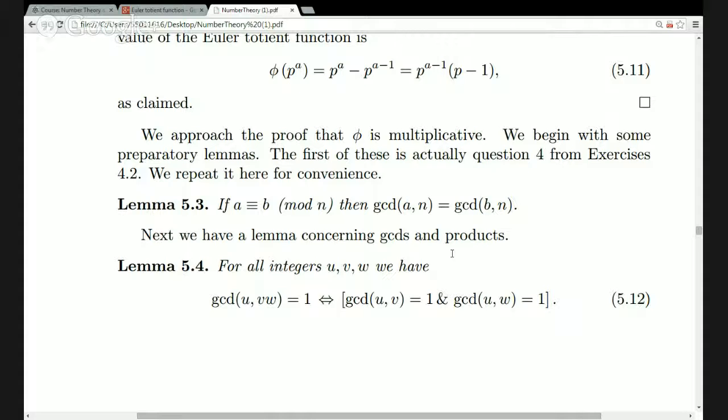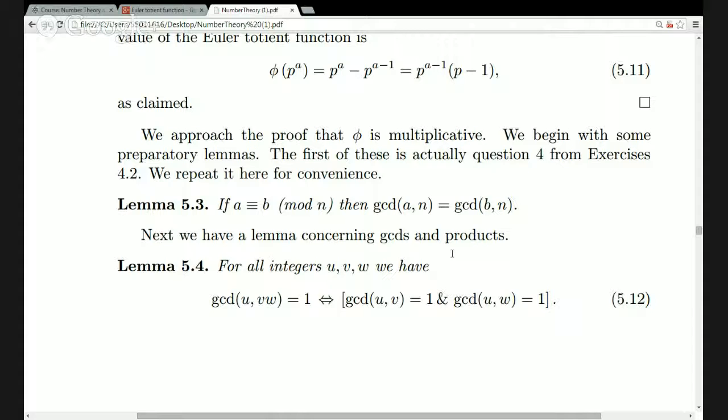Okay. So this gives us a way to appreciate this lemma. I call it lemma 5.4. We can appreciate lemma 5.4 from this. Is that okay? Is there any question about that?